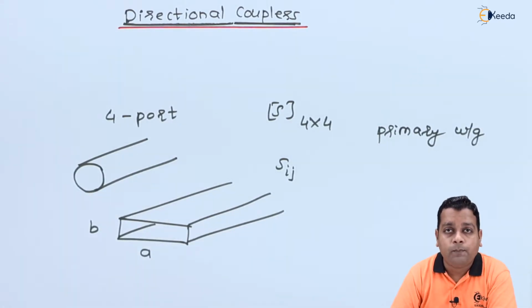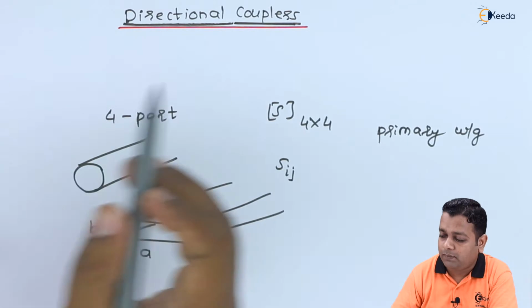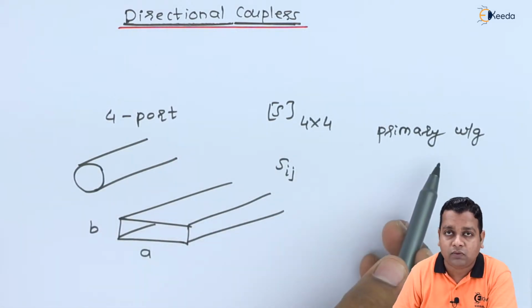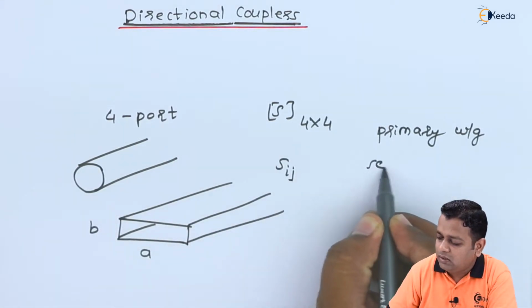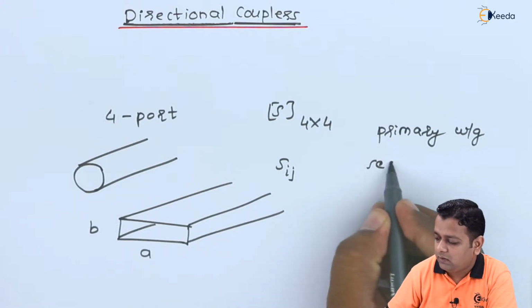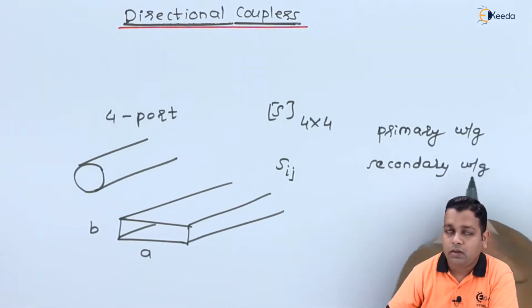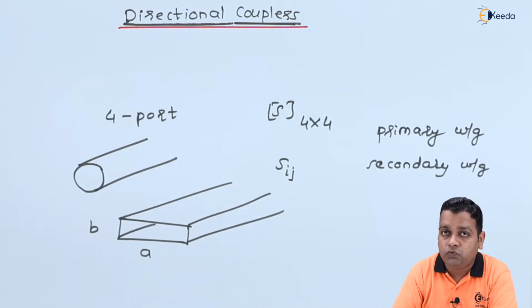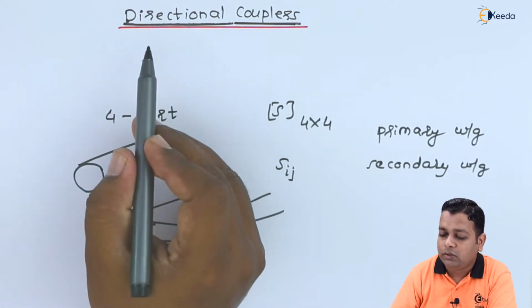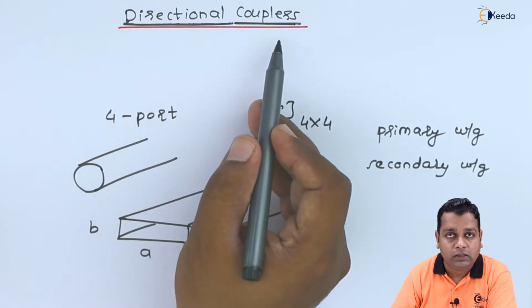Whereas for coupling of the main signal to a small extent for further analysis or measurement, we have another waveguide coupled to the main or primary waveguide, called the secondary or auxiliary waveguide. So using two waveguides, we can construct a directional coupler.